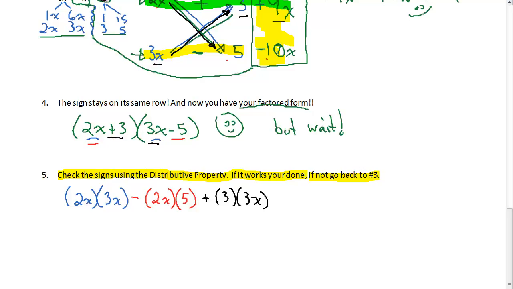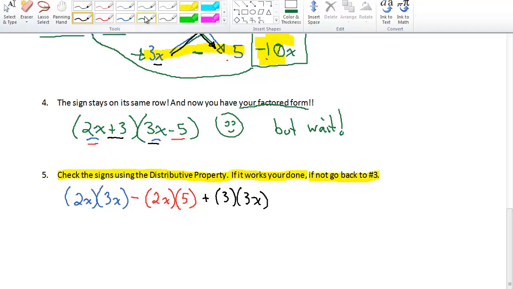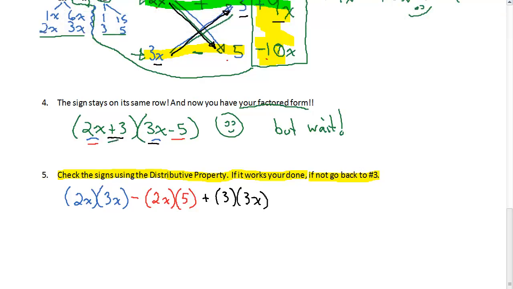And then this is the one that I'm really concerned about, the 3 and the negative 5, so I'm going to have a negative 3 times 5. Now, I will note this is the long way to do this, but I'm doing it to illustrate why this method works and where all these numbers come from.